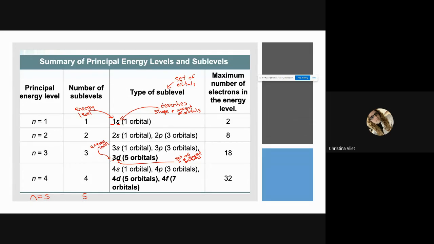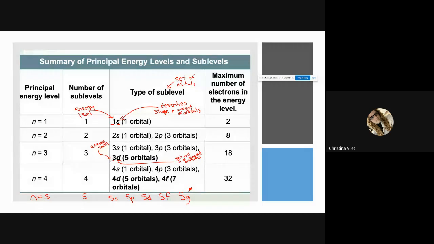They would be called 5s, 5p, 5d, 5f, and 5g, and I'm going to write 5g with a star. Why am I writing a star? Because this doesn't exist yet. It was just theoretical. It could exist though. Would G be more complicated than F? And if F was already super complicated, G's gotta be out of control complicated.